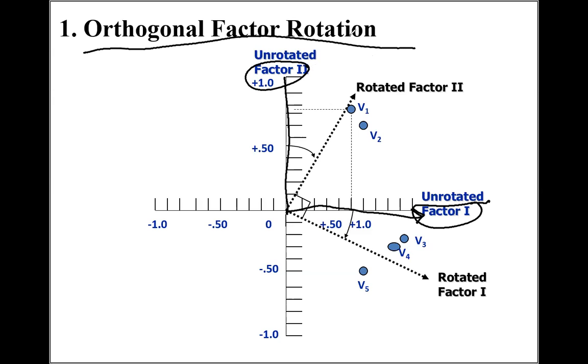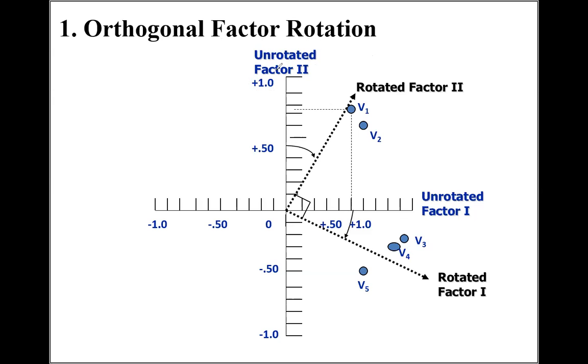So when we do not rotate the matrix, these are our variables v1, v2, v3, v4, v5, all are our questions or items or statements. When we project here, its value is almost 0.7 something, and on the x-axis it is almost 0.6. Now this particular variable is giving a high value for factor 1 and a high value for factor 2.